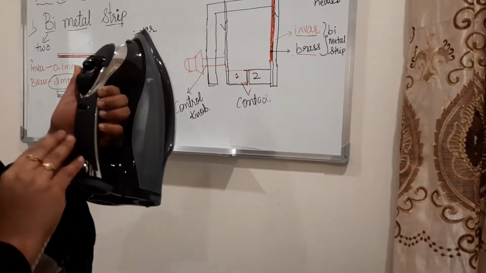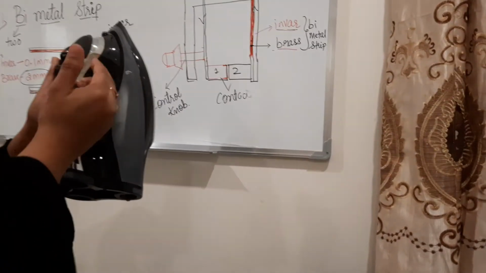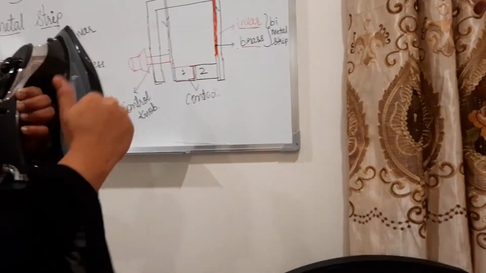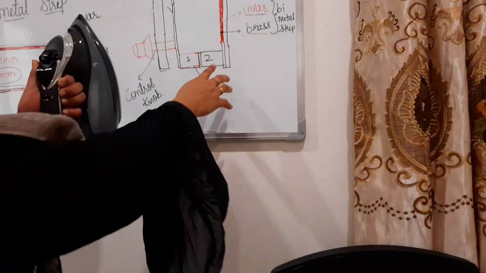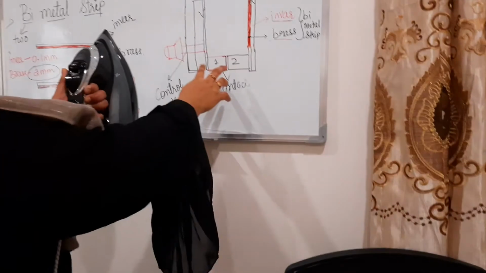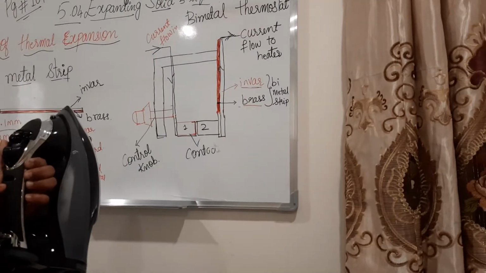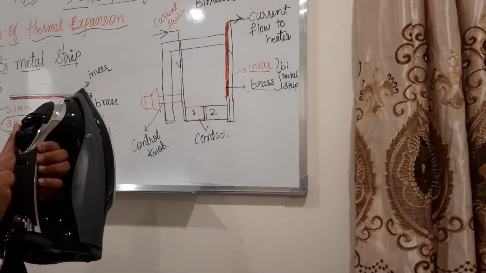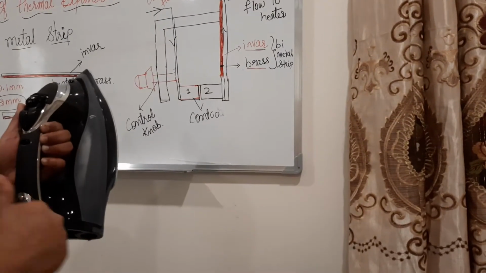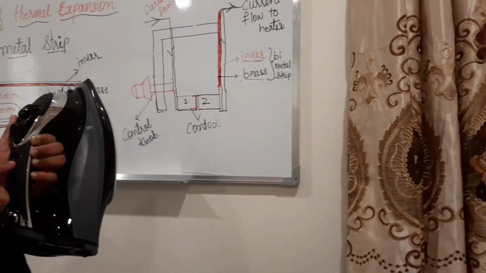After some time, when the iron cools down, the bimetallic strip inside the iron will straighten, the contact will close and the current will flow. The LED will turn on automatically, showing that current is again flowing into the iron. Then when it reaches its maximum temperature again, the light will turn off.